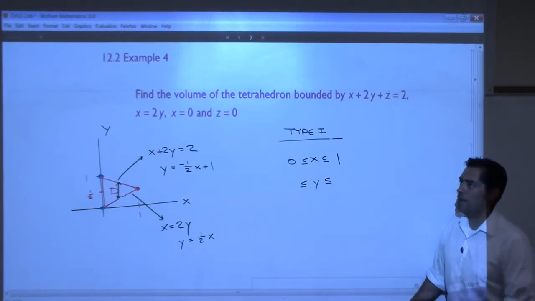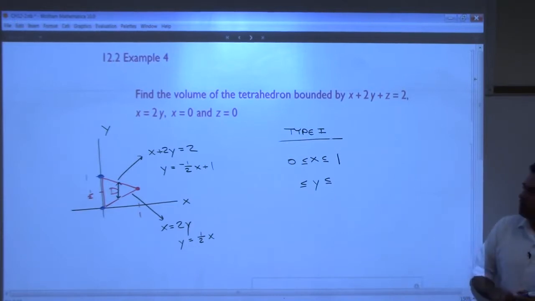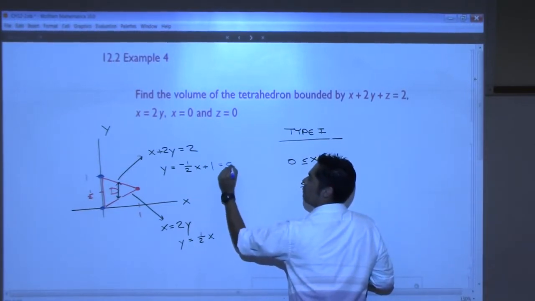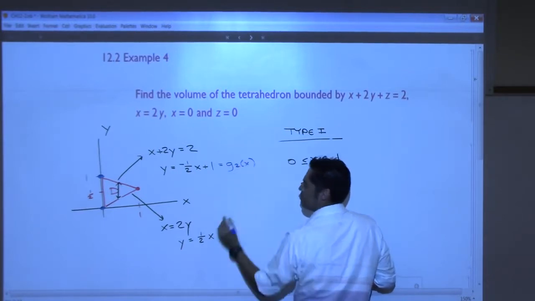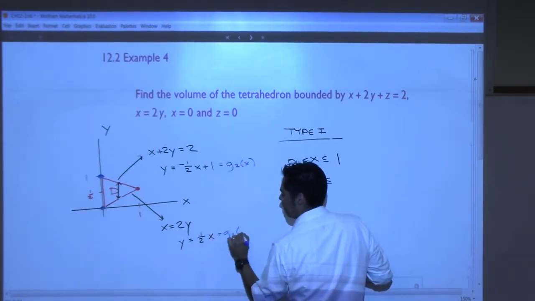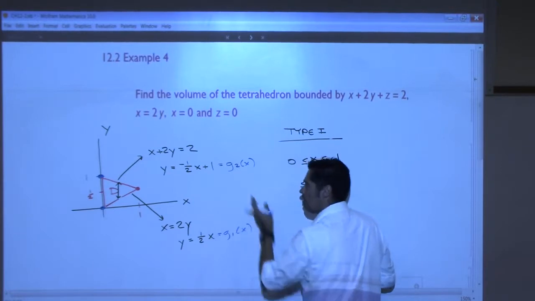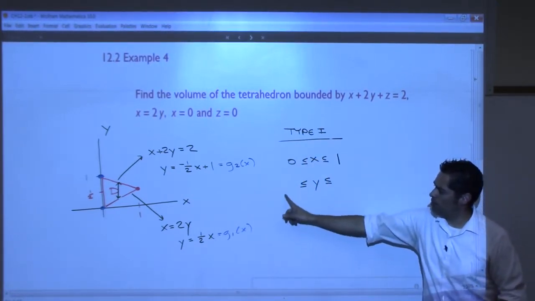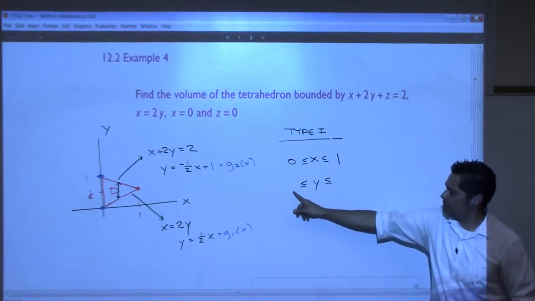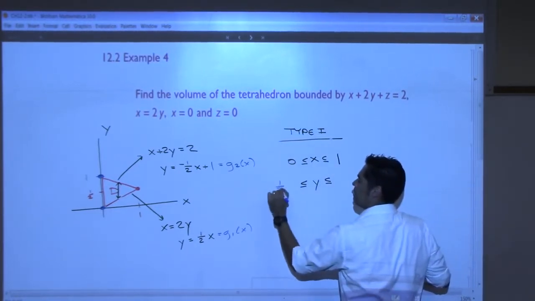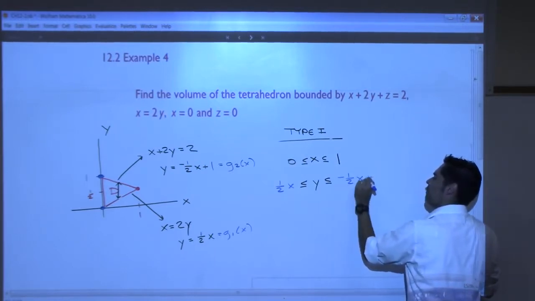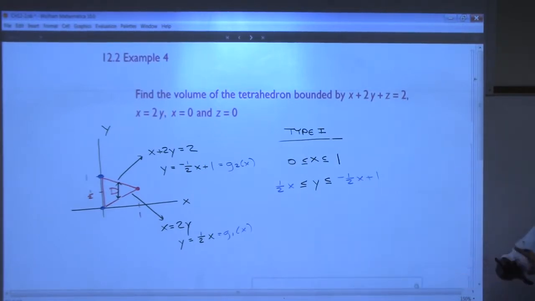And in terms of matching up with the formulas we're using, this one would be g sub 2 of x. This one would be g sub 1 of x. Wouldn't it? Okay, so now writing it this way, what's the lower limit of y? 1/2 x, and the upper would be -1/2 x plus 1. There you go. That should be everything we need to set up the double integral.